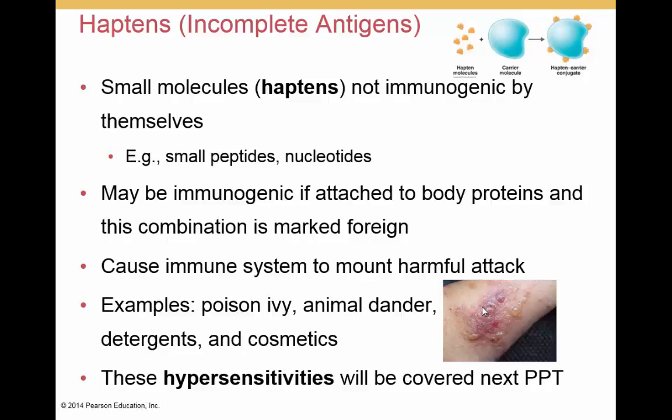Detergents causing that itchiness on your skin, it's actually binding to the skin and then causing an immune response to self, and some cosmetics as well. So when these haptens get together with a carrier molecule, a protein of ours, they then become, wonder powers unite, a recognizable antigen. And this response is known, there's several different types, as a hypersensitivity, okay, an allergic reaction. And we're going to cover this in a little more detail in the next PowerPoint.